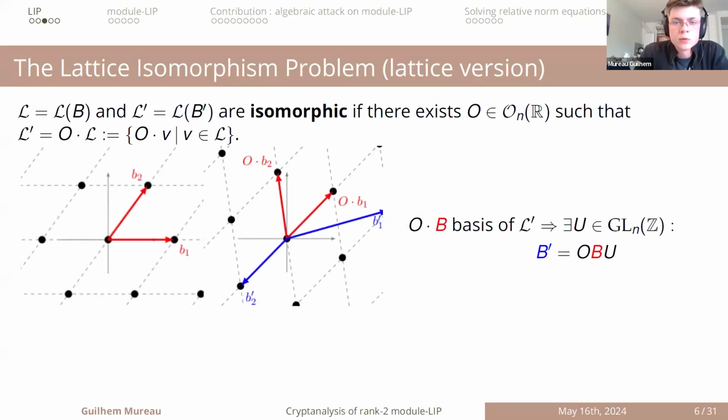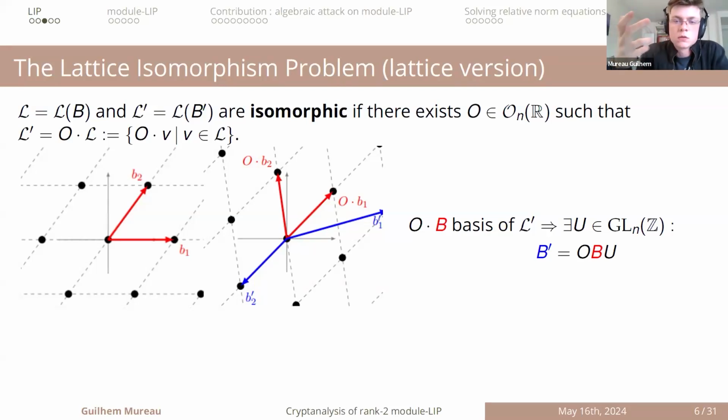Here is an example in dimension 2. On the left-hand side, you have a lattice represented by basis b1, b2 in red. Let's say you take an orthogonal transformation of the space, so you rotate the lattice.